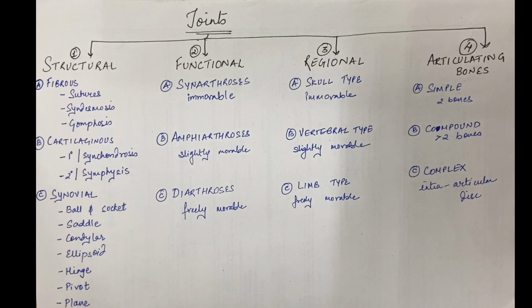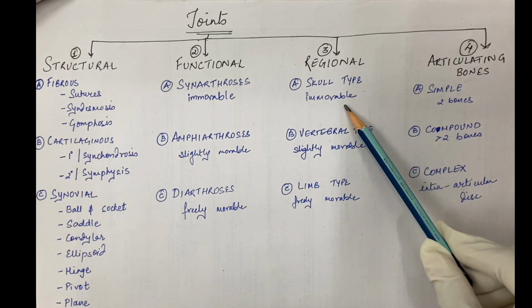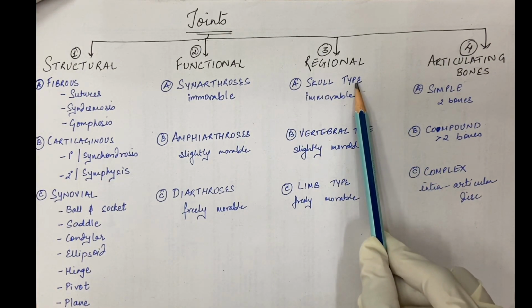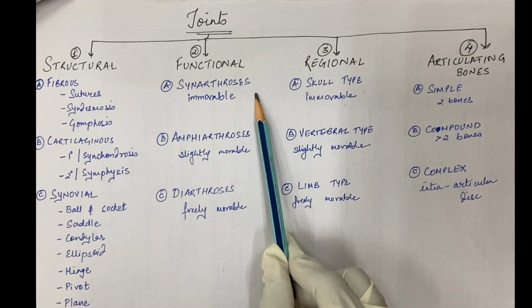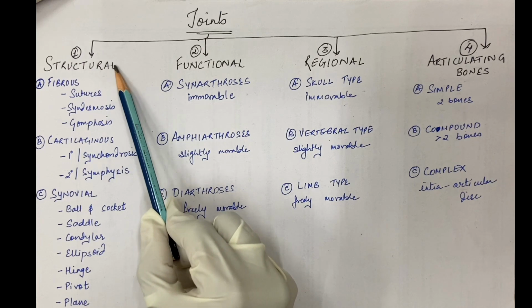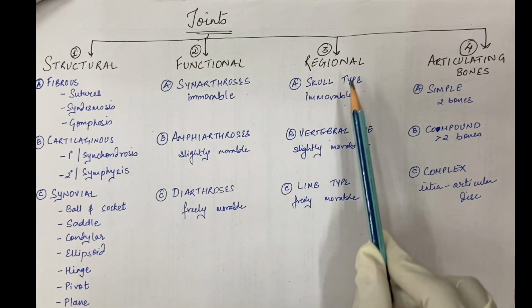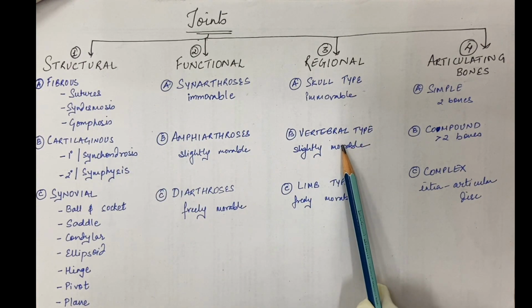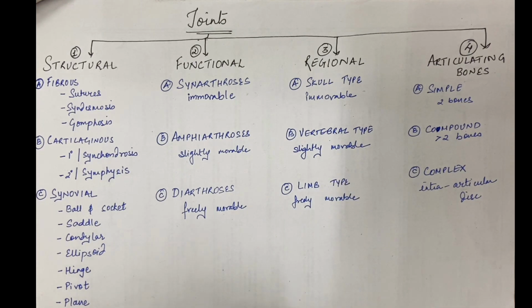Third variety of classification is the regional classification. So according to the region, right? This is the skull type, which is again immovable. So this skull type will fall under synarthrosis in the functional classification, and sutures if we talk about the structural classification. Next in the regional is the vertebral variety, which is slightly movable.